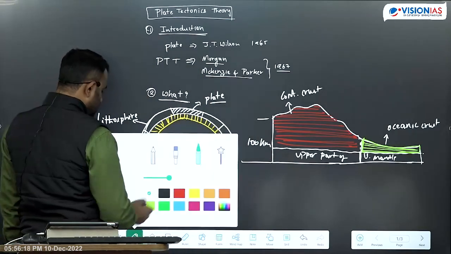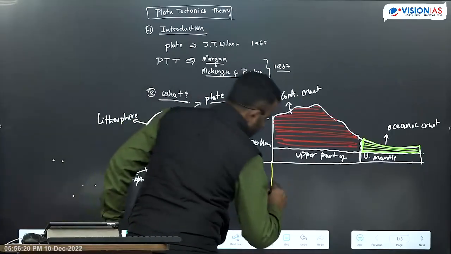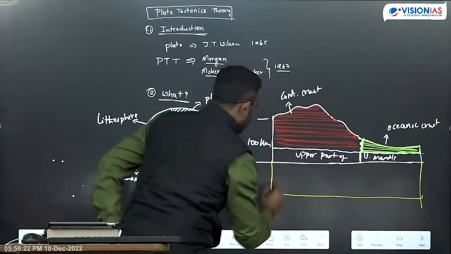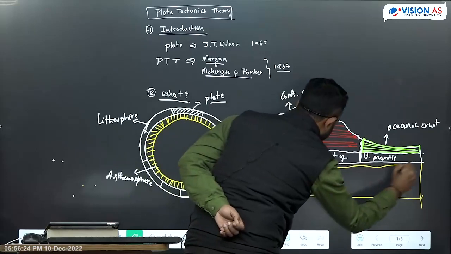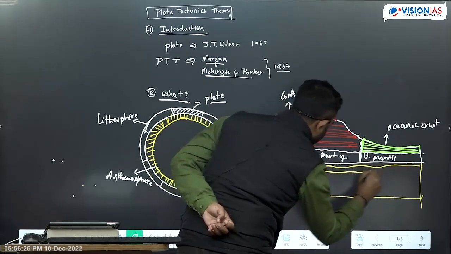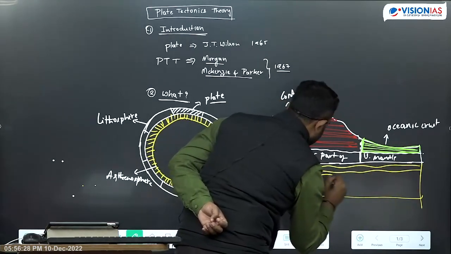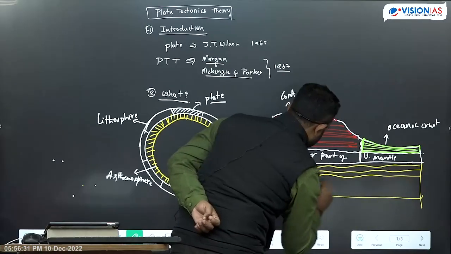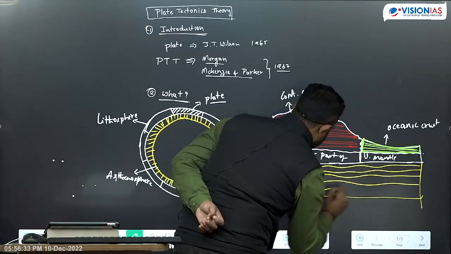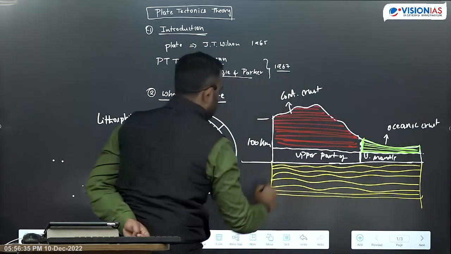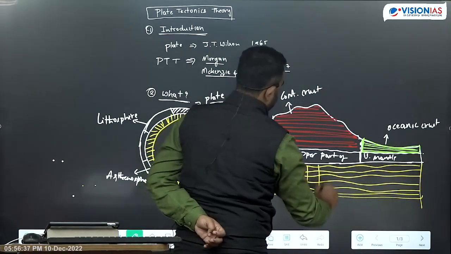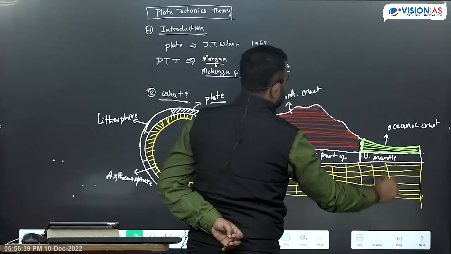So below this we have the asthenosphere, which is in a semi-solid, semi-liquid state.